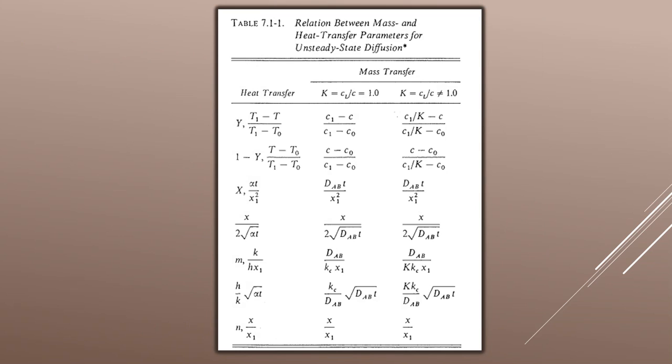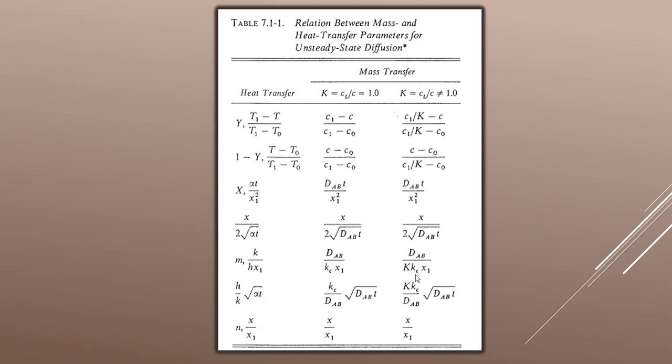So in this case, this is our table. If you recall, we have this as the original heat transfer variable, and what I have read a while ago is h over k square root of alpha t, and the other one is x over 2 square root of alpha t. This one is for the abscissa, and this one is for the curve values. Now, we have two columns in which we're going to get its equivalent formula in mass transfer.